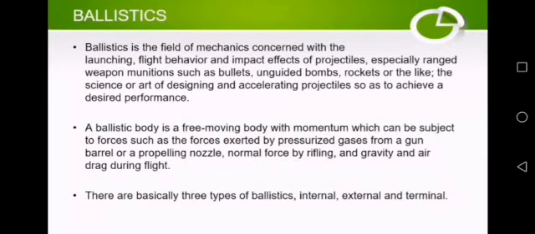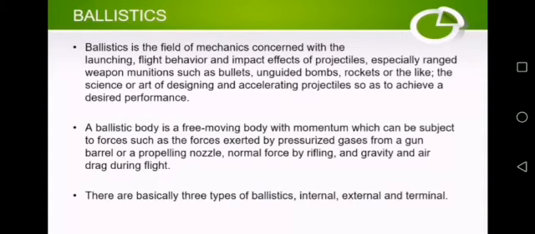Ballistics. Ballistics is the field of mechanics concerned with the launching, flight behavior, and impact effects of projectiles, especially ranged weapon munitions such as bullets, unguided bombs, rockets, or the science or art of designing and accelerating projectiles so as to achieve a desired performance.